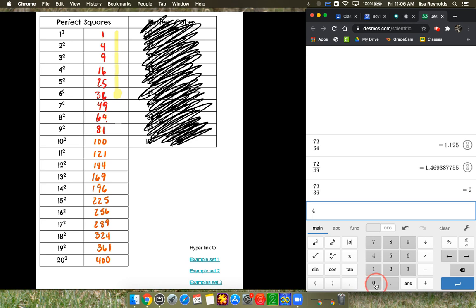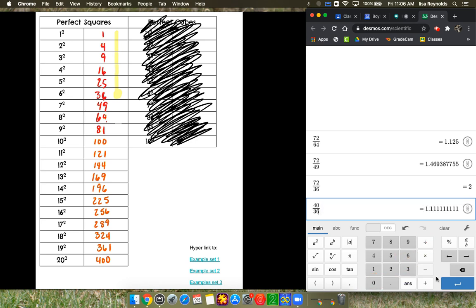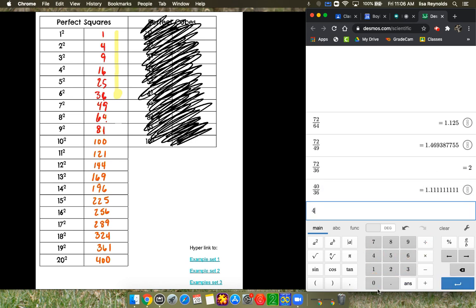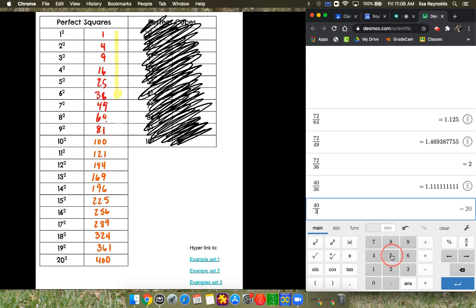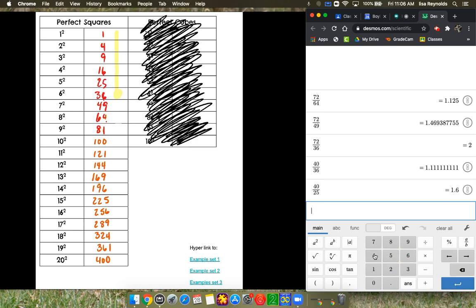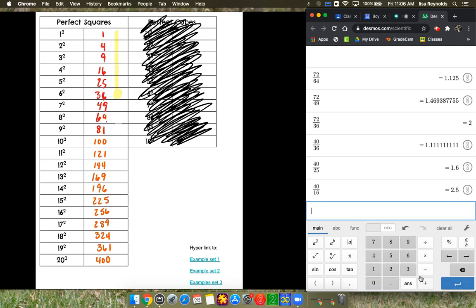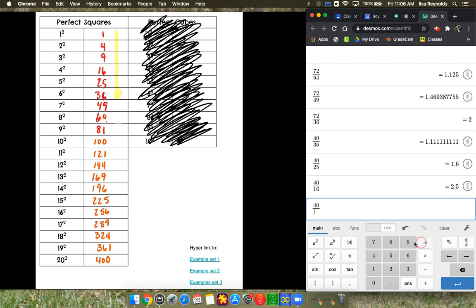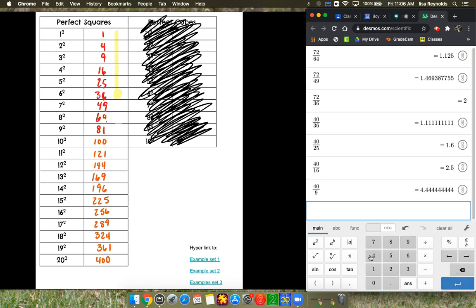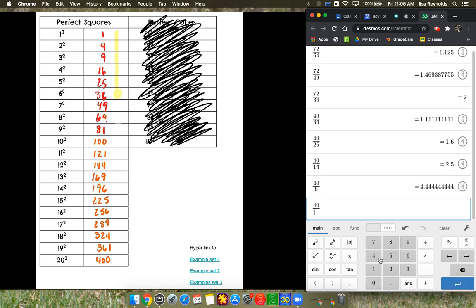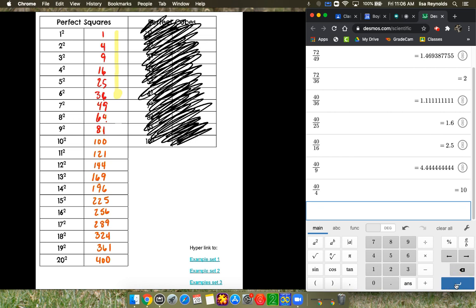So 40 divided by 36 is a decimal. 40 divided by 25 is a decimal. 40 divided by 16 is a decimal. 40 divided by 9 is a decimal. 40 divided by 4 is 10.